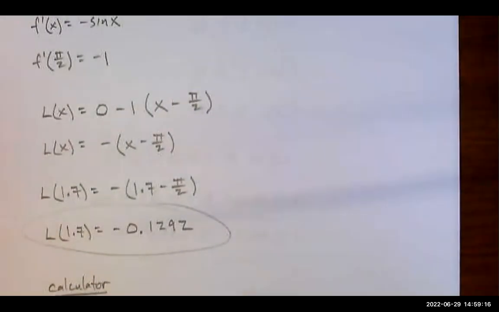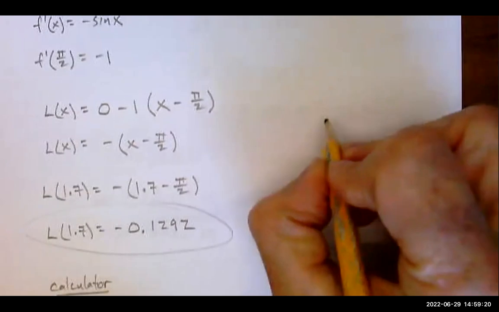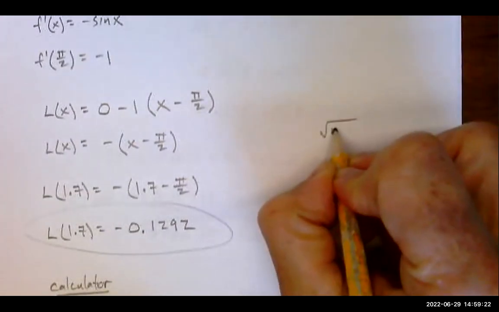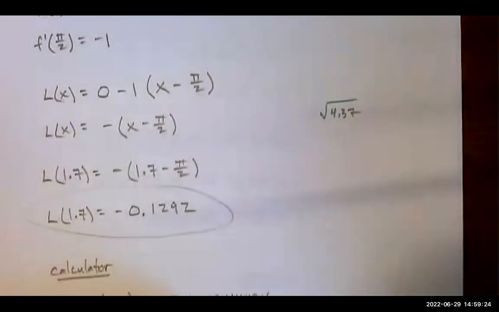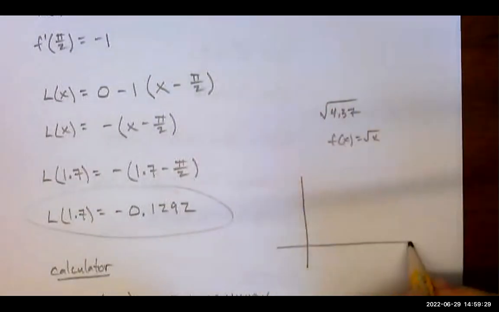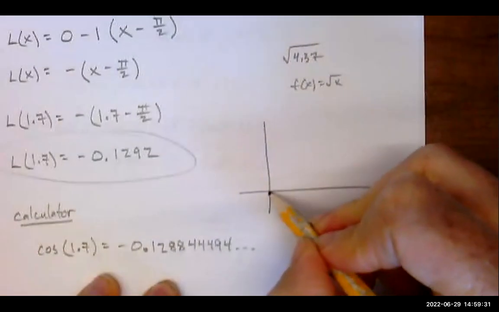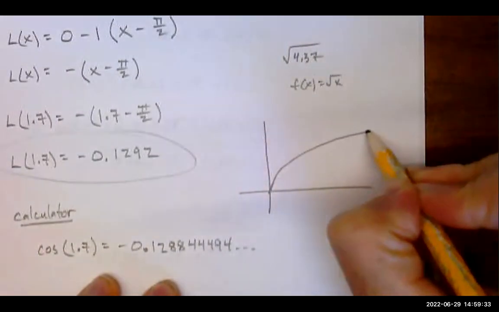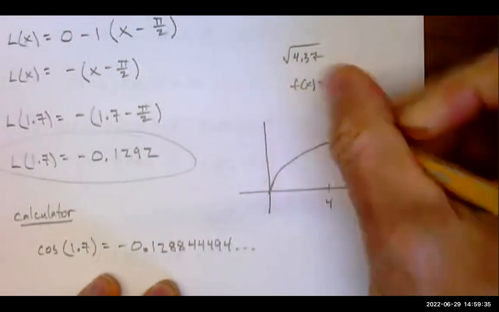And then we talked about at the beginning when it was the square root of 4.37, right? f(x) equals square root x. This one turned out to be a little bit higher. So we had it at 4.